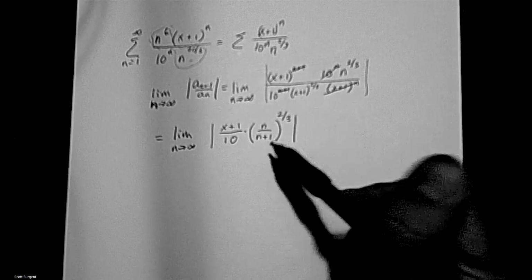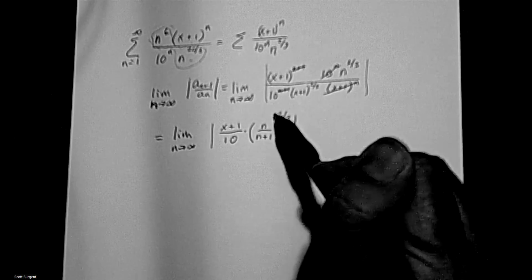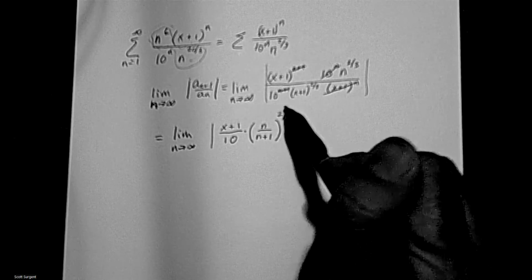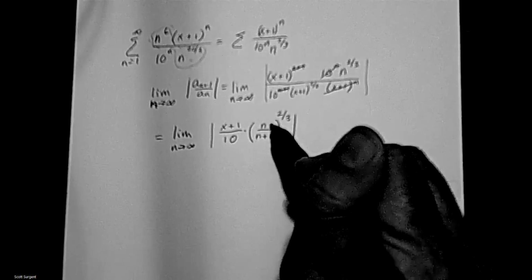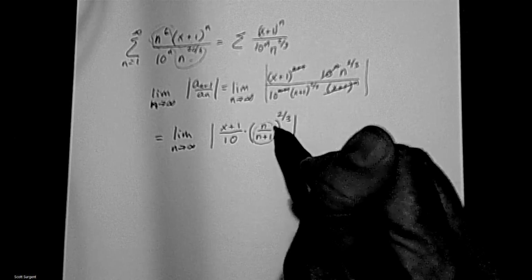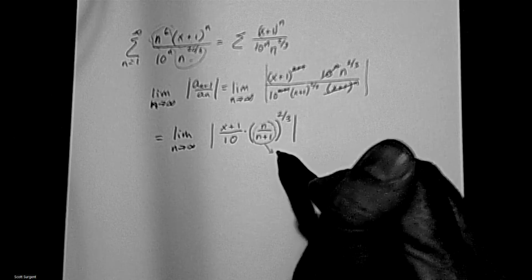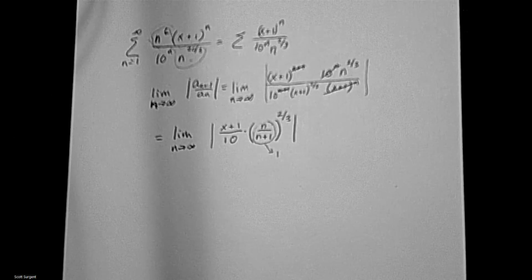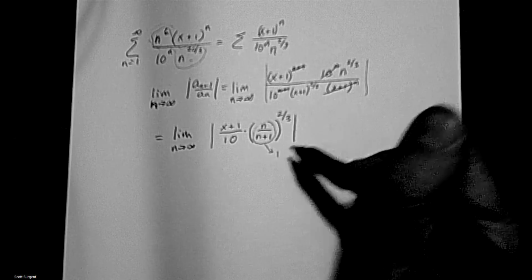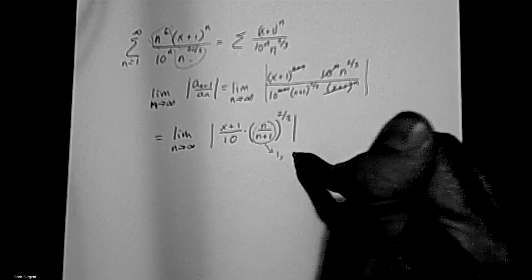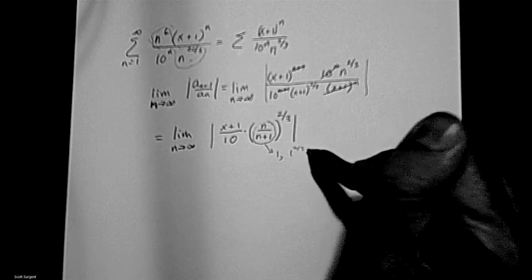As n goes to infinity, this is interesting because this power stays 2/3. It doesn't change. So inside, the n over n plus 1 actually just goes to 1, doesn't it? Yeah, that's one. And so 1 to the 2/3 is still 1.